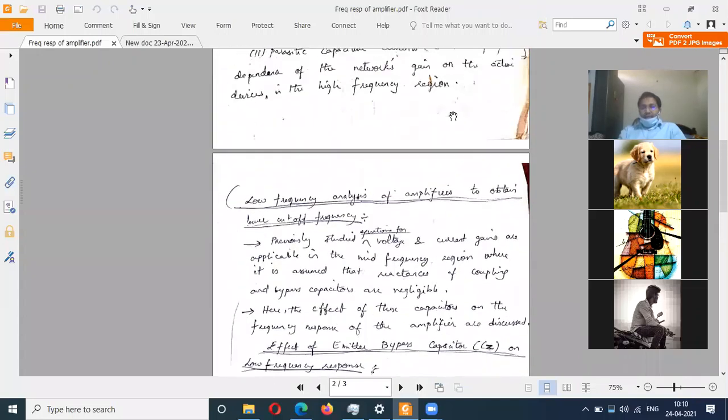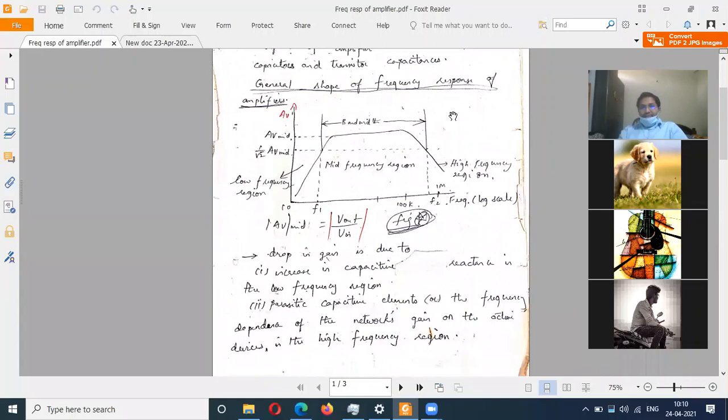Clear? So far, whatever analysis, derivations and problems we did were for mid frequency. A small modification we will do for low frequency, a very simple modification: we will consider the capacitors.